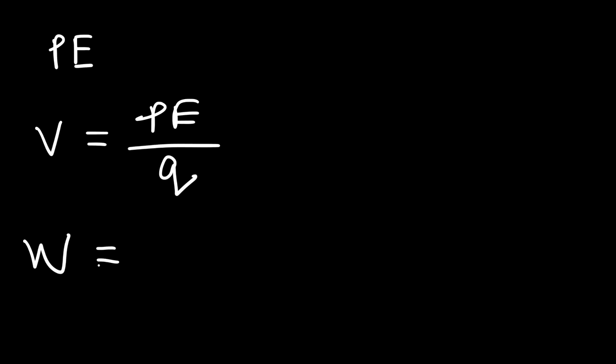So remember, 1 volt or electric potential is the ratio between electric potential energy and charge. And the work done by a charge or on a charge is negative Q delta V. And that is as the charge moves through an electric field or through an electric potential difference.